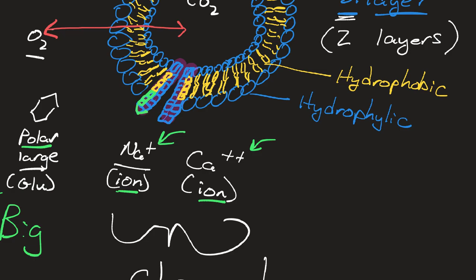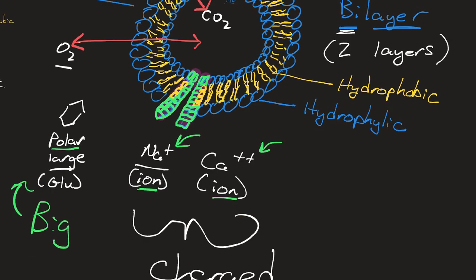Hydrophilic amino acids, they could be charged, they could be polar. Remember that all amino acids are the same except for their R group. And so if that R group is polar or charged, in this case it's green, and if it's nonpolar, it's yellow.